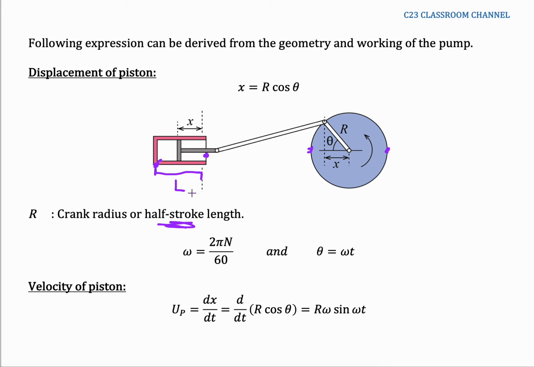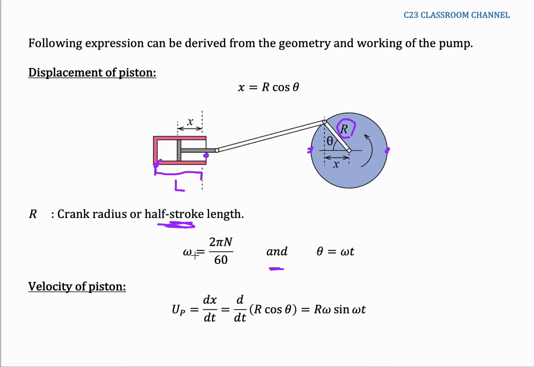So L is equal to 2R, or the radius is equal to half the stroke length. And then the relation with the rotational speed is shown like this.